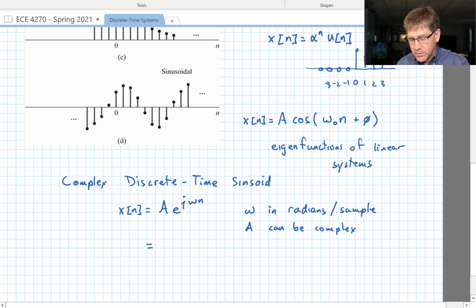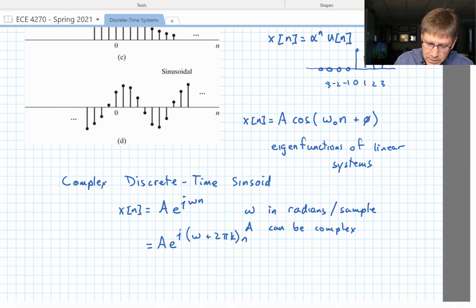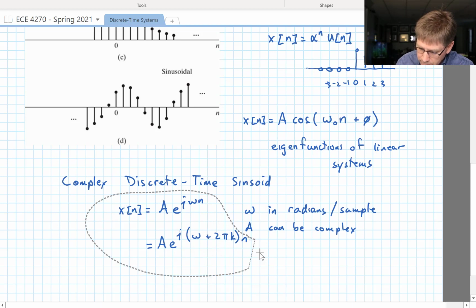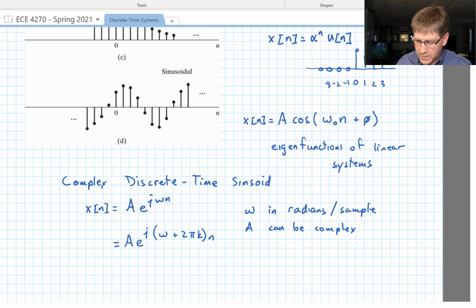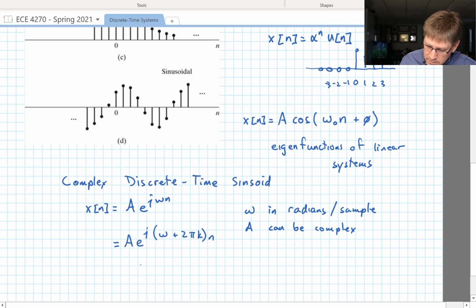But one thing to notice while we're right here is that if we put our j out front, j is the square root of minus 1. I'm running out of room. Let me scoot this over. There we go. We could get something like this.